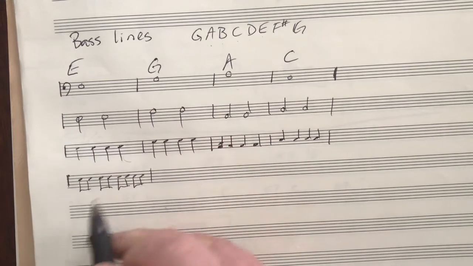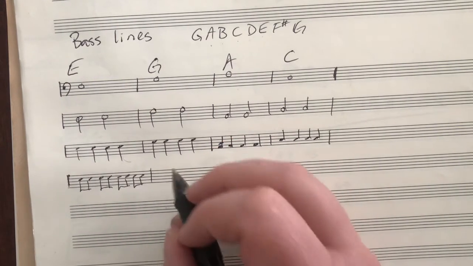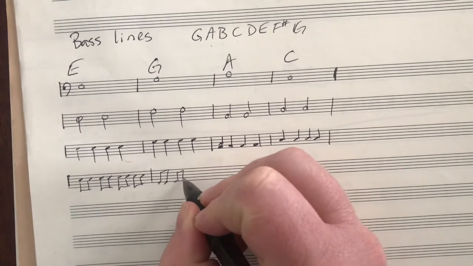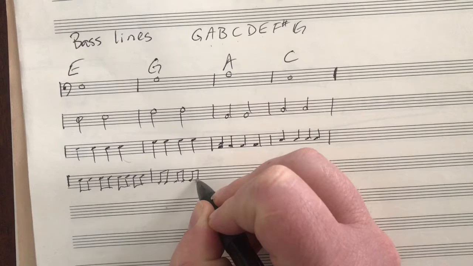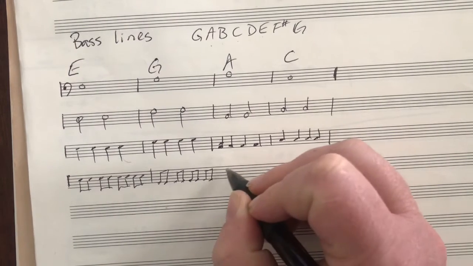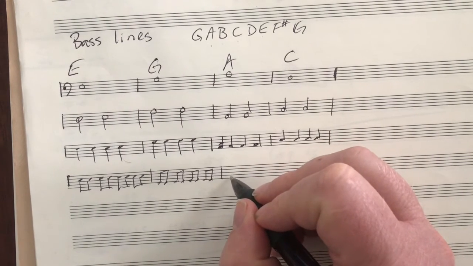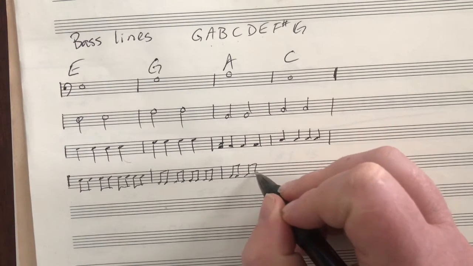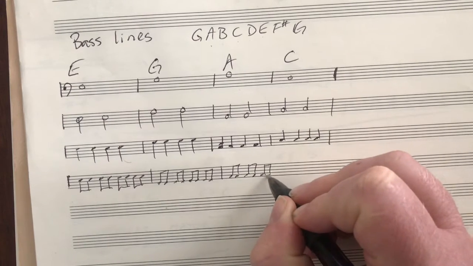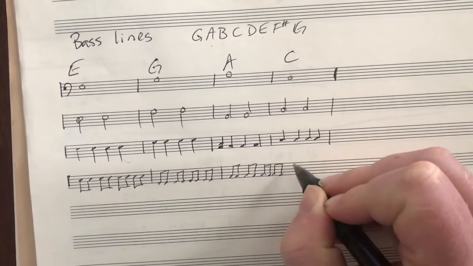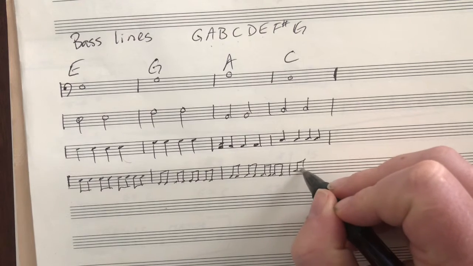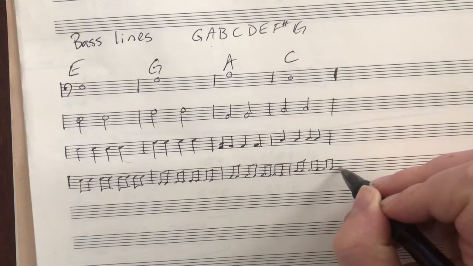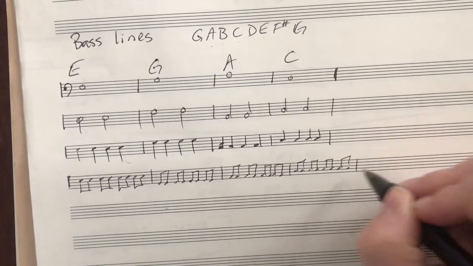So I'm going to have a group of steady 8th notes on my E. Then I'm going to go down for this G, then up to my A, and then up to my C. Okay.